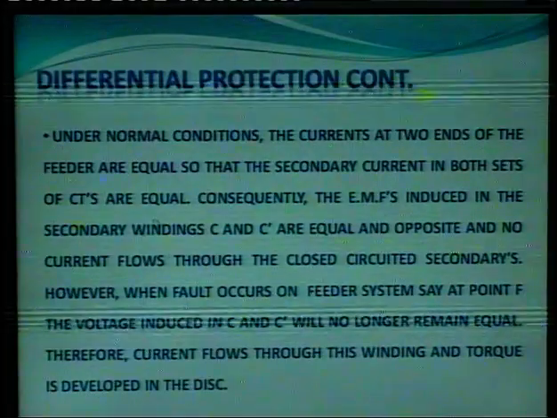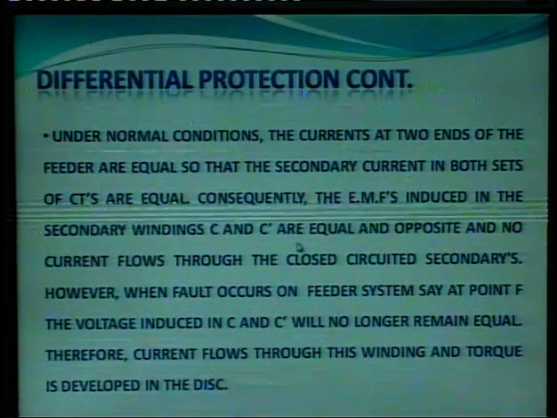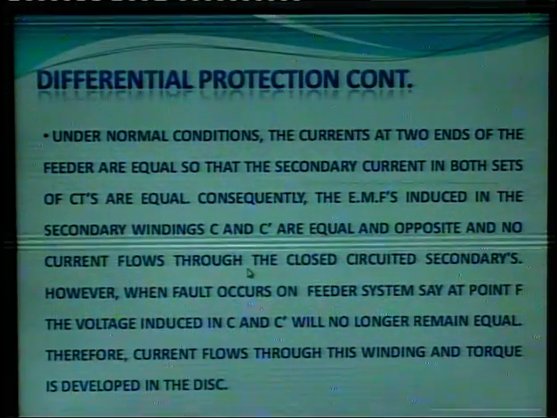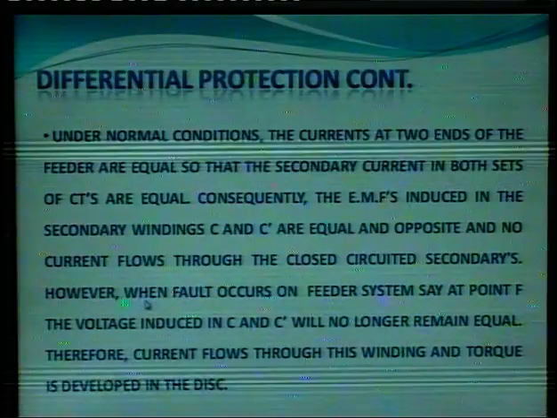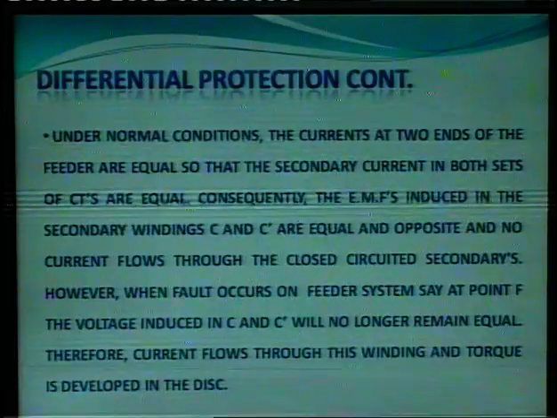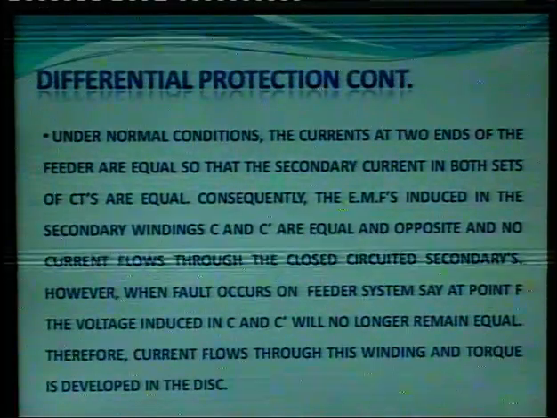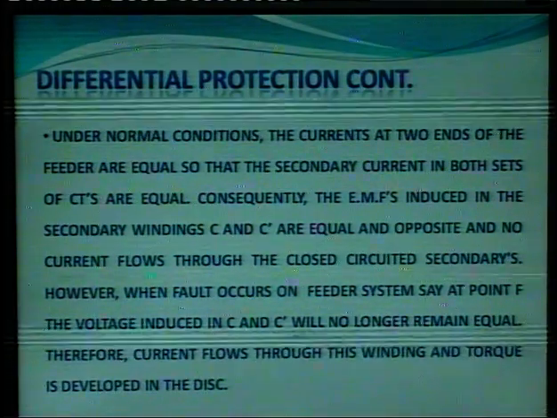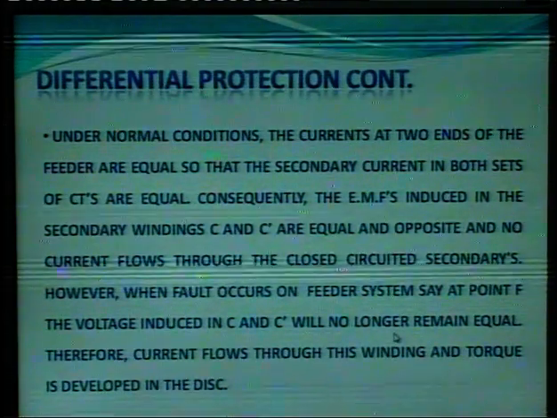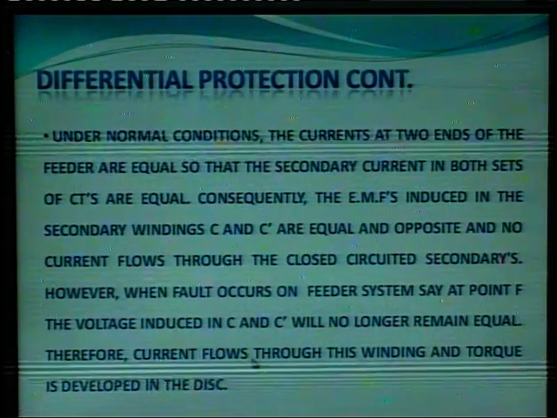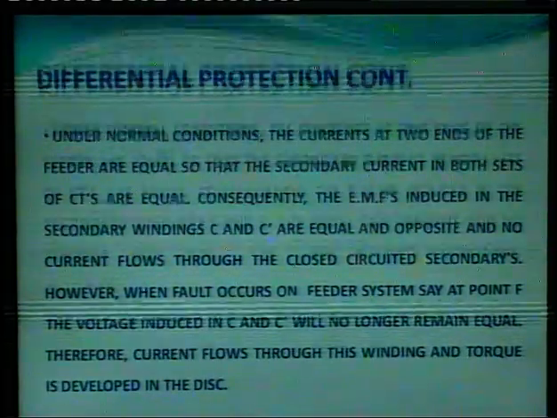The EMFs induced in the secondary windings C and C dash are equal and opposite, and no current flows through the closed circuited secondaries. However, when a fault occurs on the feeder system, say at point F, the voltages induced in C and C dash will no longer remain equal. Therefore, current flows through this winding and torque is developed in this disc.